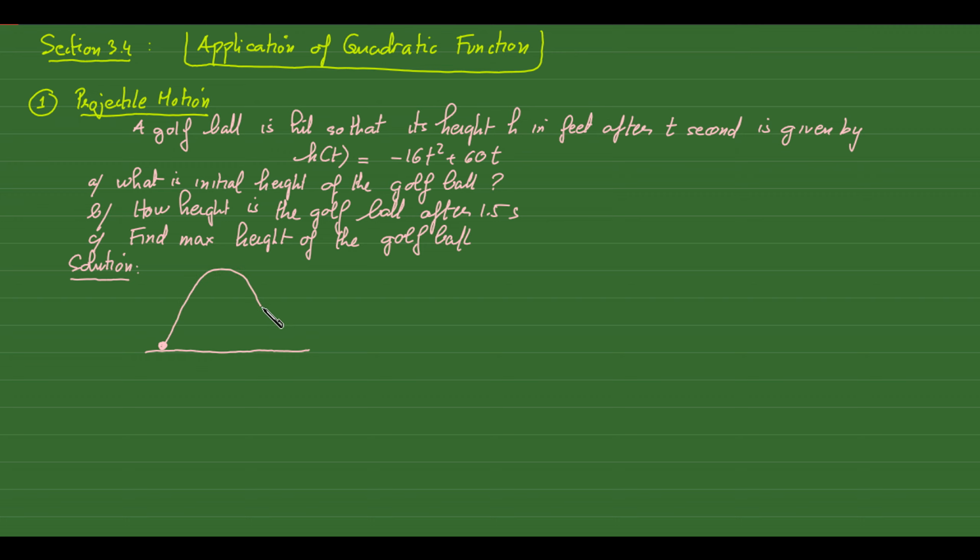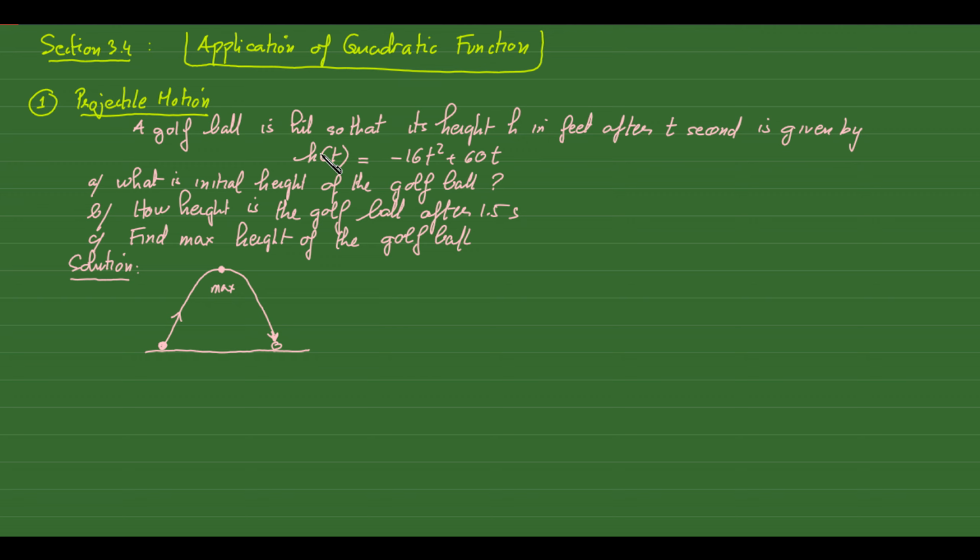The path of the golf ball goes like this. It's going to be over here after t seconds, but we don't know how many. And the maximum point is here. So it goes up like this. All right, so they ask you to find the initial height.